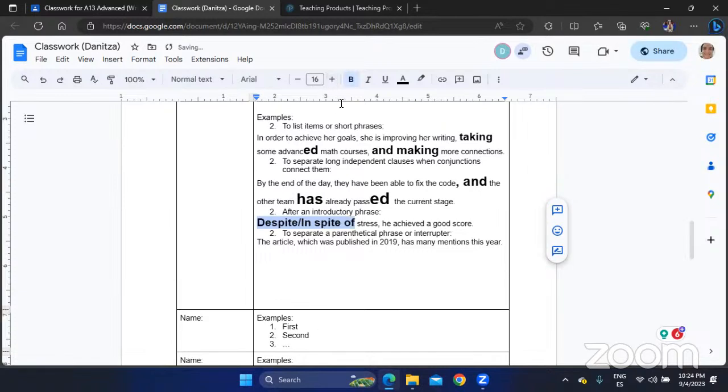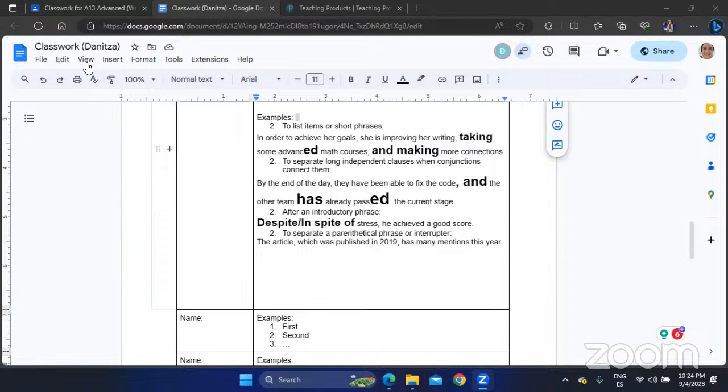I have one more question here. You mentioned the last example about the article, if I use present perfect, the meaning is still the same? Here my first idea was just "the article has many mentions this year," a simple present sentence.